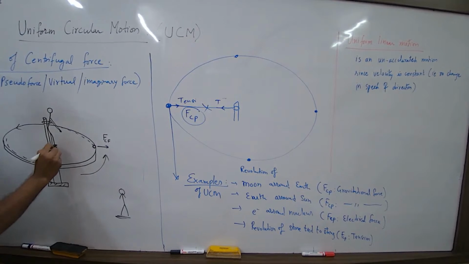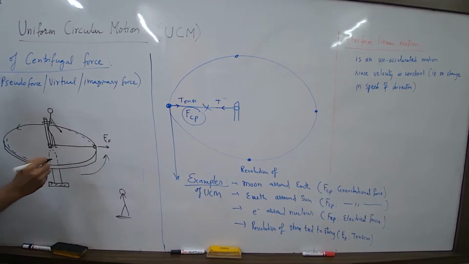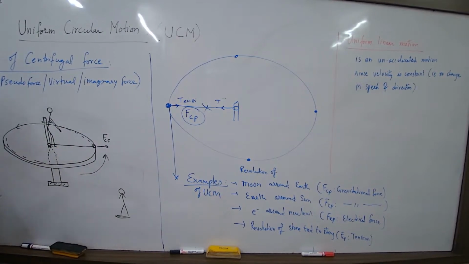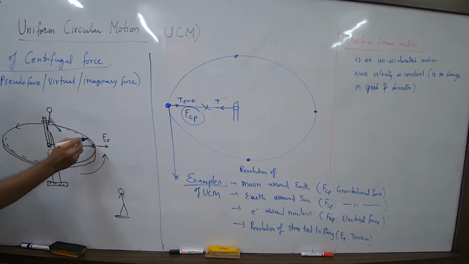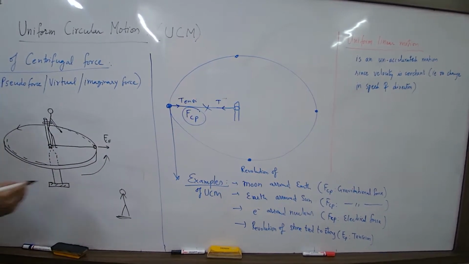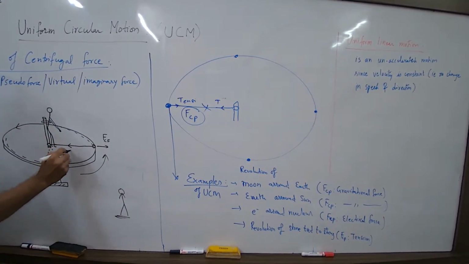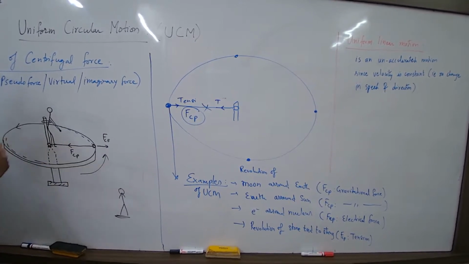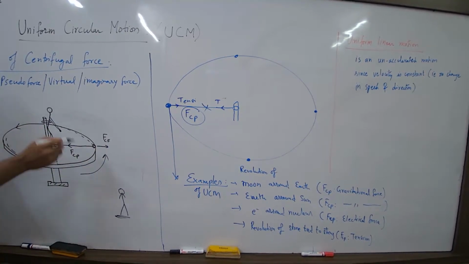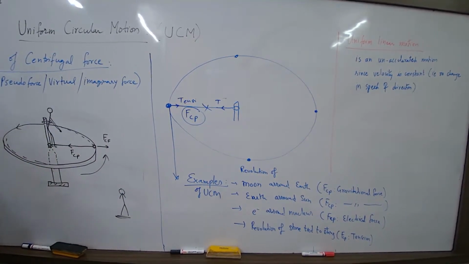So the initial state, the string was loose. Now when the UCM is taking place, the string is taut. And he sees a circular motion, right? Imagine the rim to be the path of the ball. So therefore for him, the force acts towards the center. Justified? Because for UCM to take place, the force has to be acting towards the center.